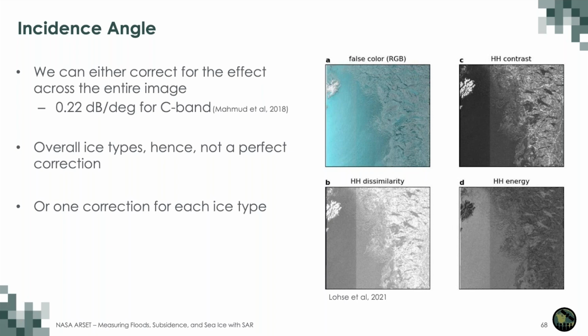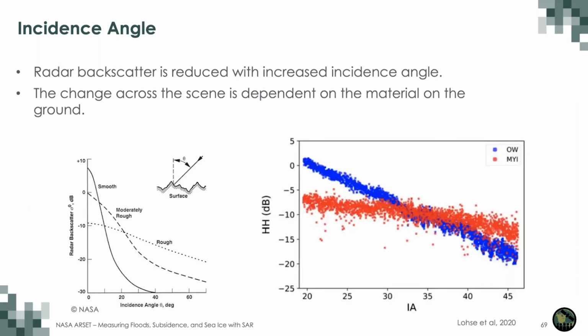But firstly, you can see on the right here we have some gray level co-occurrence parameters, HH contrast and HH energy, and you can see that the return values change quite a lot with change in incidence angle. But the changes across the scene depend on the material. Here you can see an image showing open water and multi-year ice, and doing one correction for both of these is good, but it may not tell the entire story.